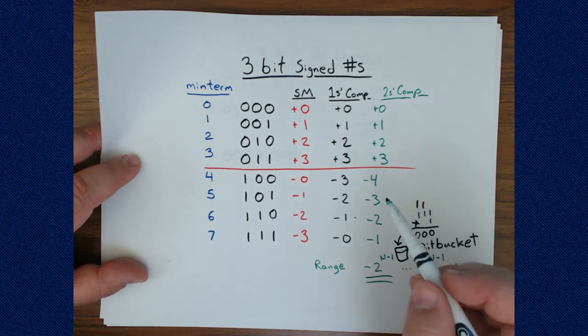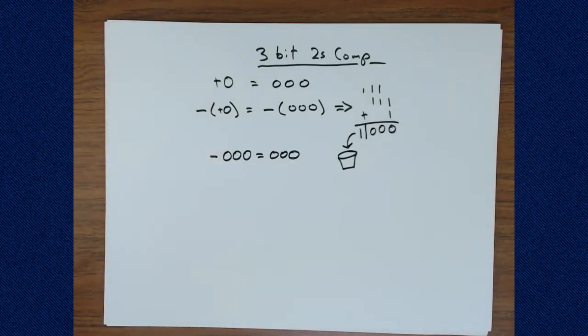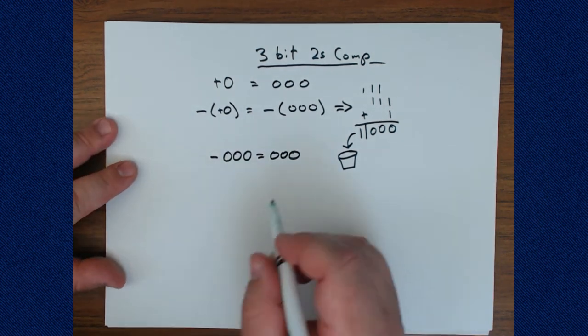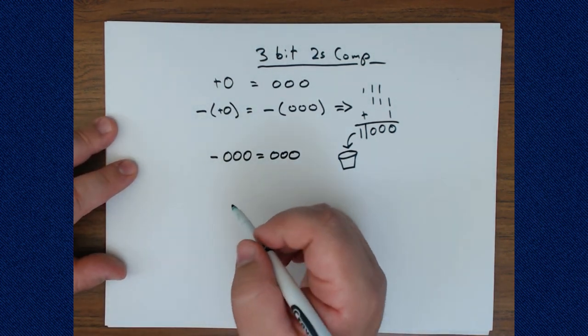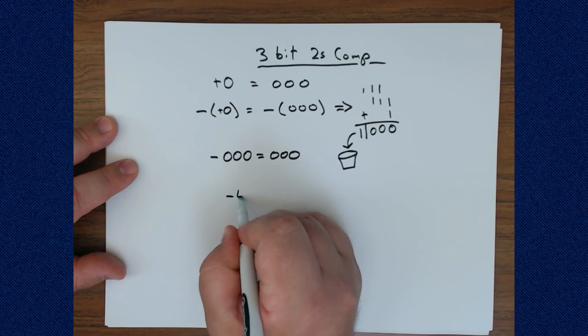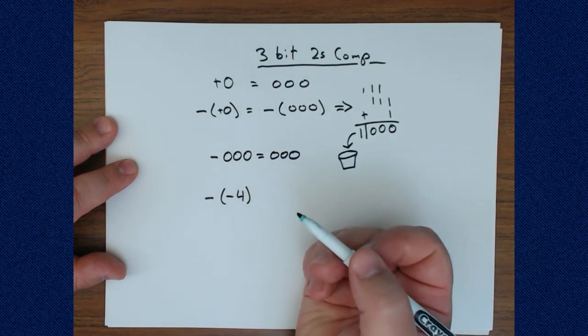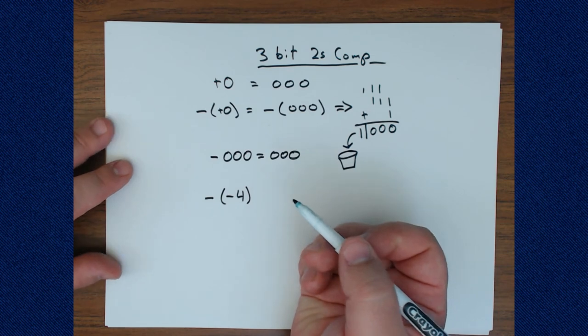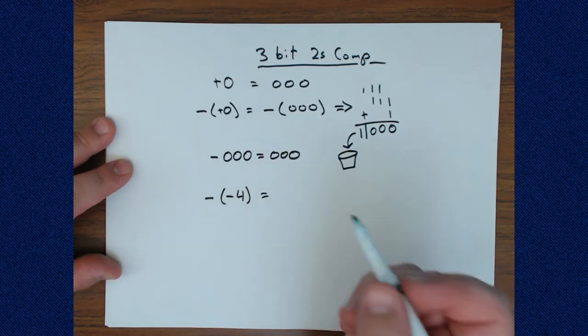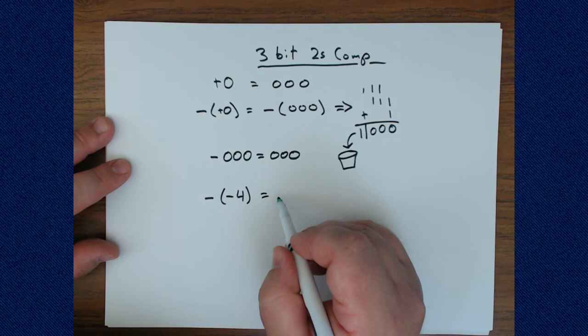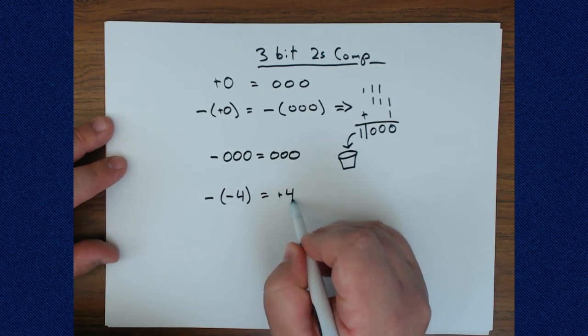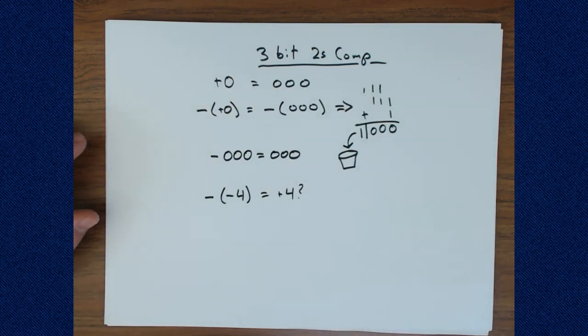But what happens if we negate -4? Because there isn't a +4. So if we take -4 and we negate it, we should have some expectation. Now, for us humans, we would say that ought to equal +4, right? Okay, well, let's see how that goes.